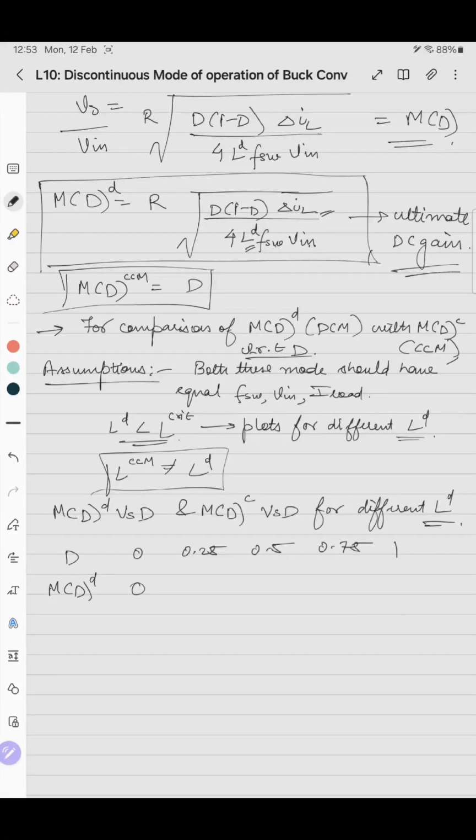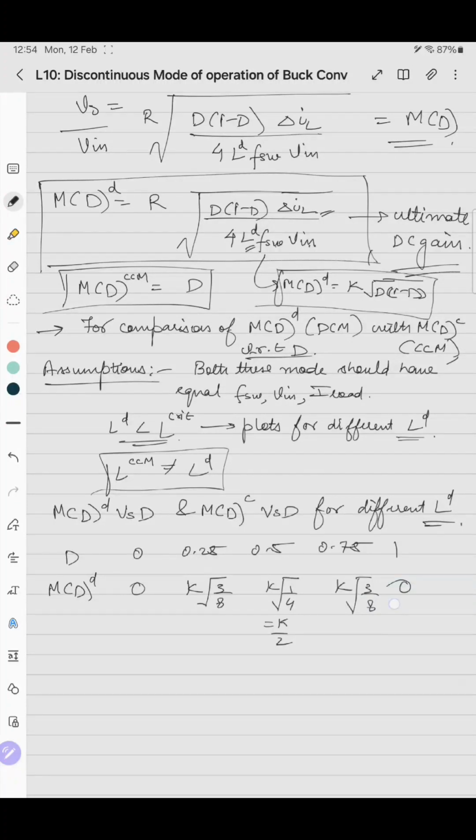Let's write M of D as some K under root D into (1 minus D), because we are plotting against only D. For 0.5 it will be K under root of 1 by 4, that is K by 2. For 0.75 again it will be K root 3 by 4, and for 1 it will be 0 again.